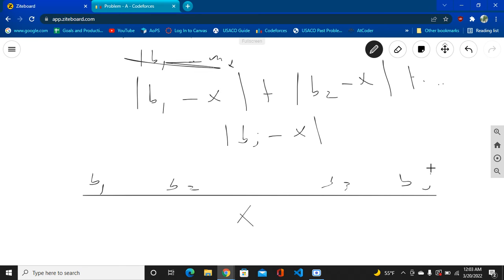We have a bunch of stuff. Then we basically treat this problem as minimizing the sum of the distances to x. We've now reduced it to that problem, because b1 minus x means just take the distance. Therefore, we're just trying to minimize this sum.